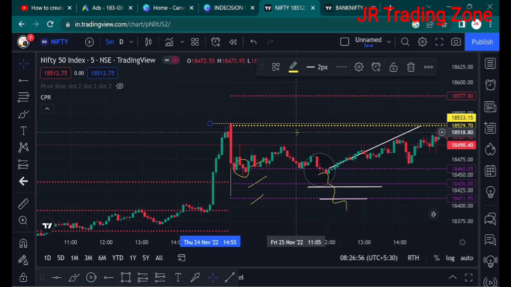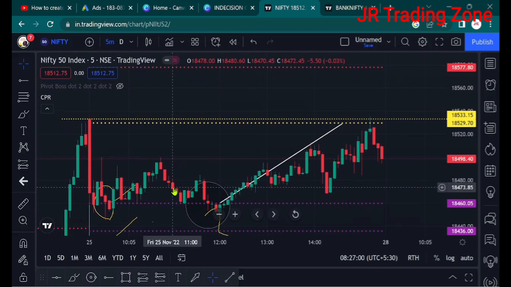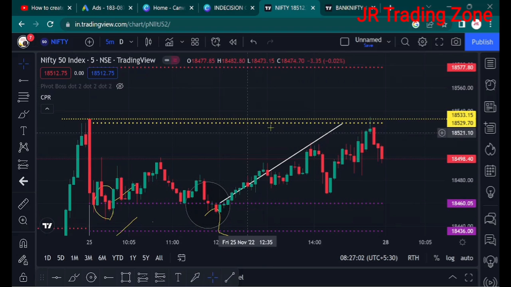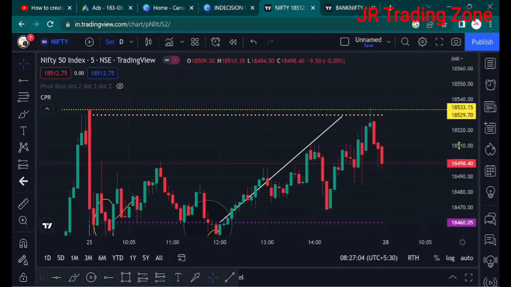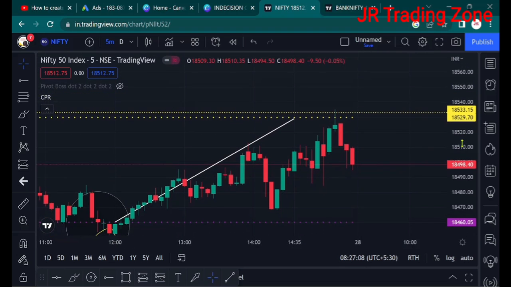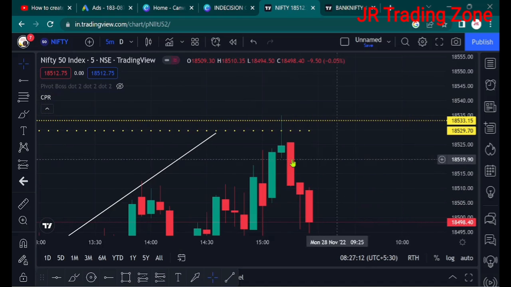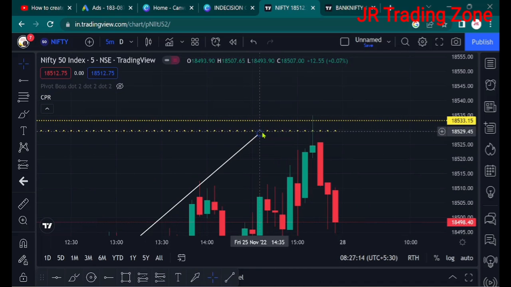Now see, can you see anything more in this chart? See here. Right at the resistance level, you can see a pin bar. I will zoom in. See, right at the resistance, we have two resistances: previous day high level and today's candle opening level.